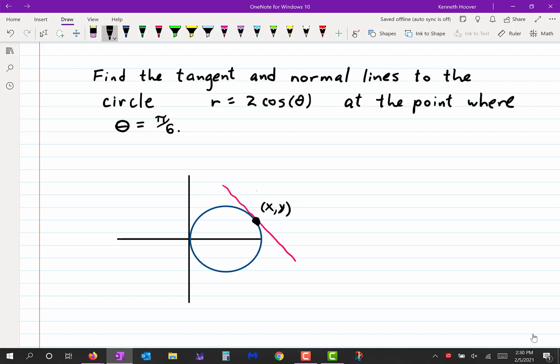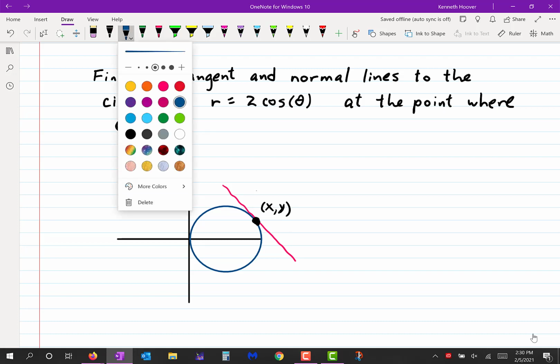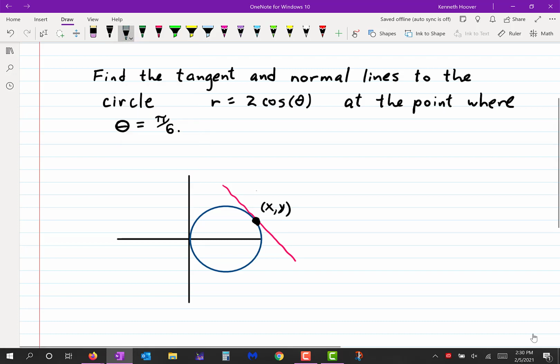Okay, let's just remember that x equals r cosine theta. But for this particular circle, r is 2 cosine theta.